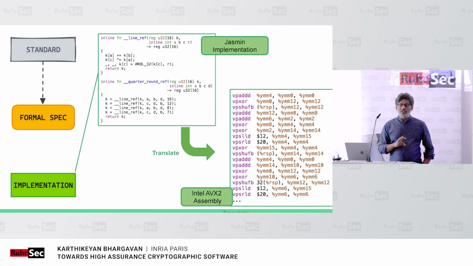And so these implementations will use all the optimization tricks that crypto developers use. It'll use SIMD, it'll try to reorder instructions, it'll do all the things that can maximize the performance, because that's what you need from a lot of these crypto algorithms. So the final code that you have is going to look quite different from the formal spec that you wrote.